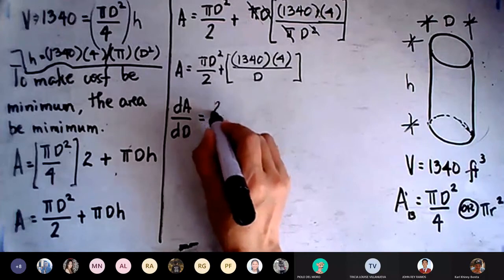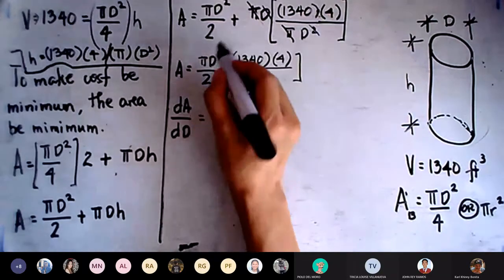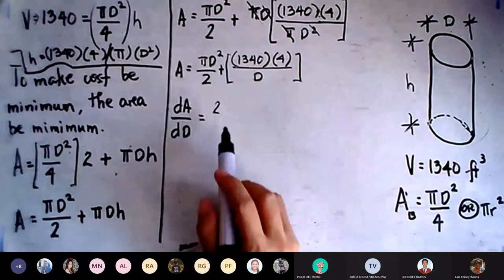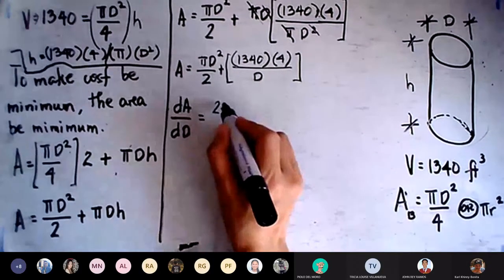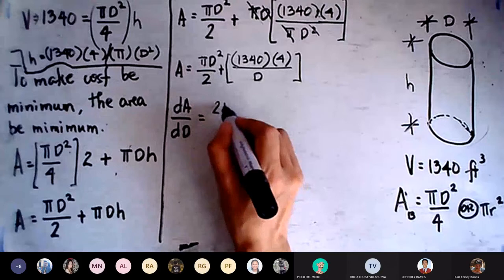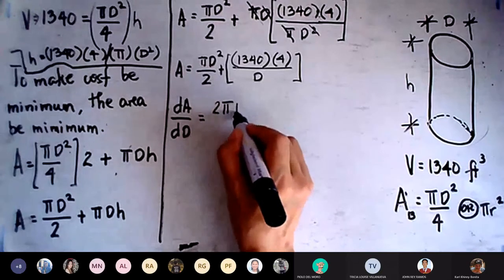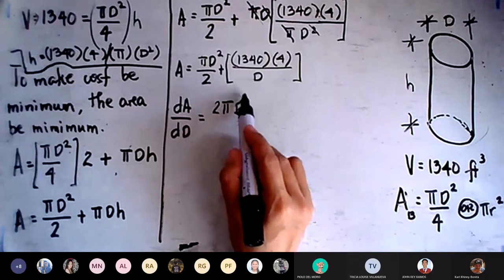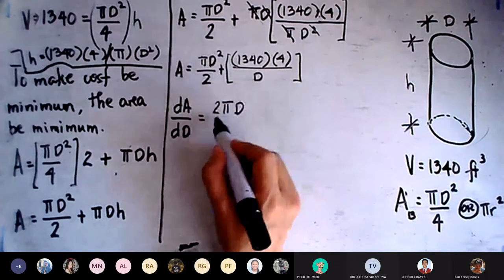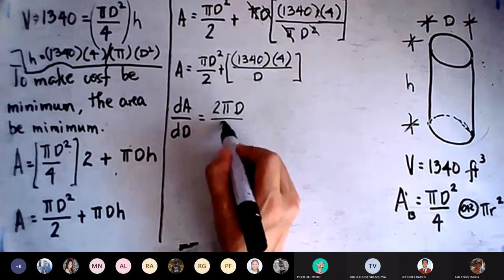So that would be 2, that is the exponent of d. We are going to use that as the numerical coefficient multiplied by pi. Then the exponent of d will be 2 minus 1, all over 2.